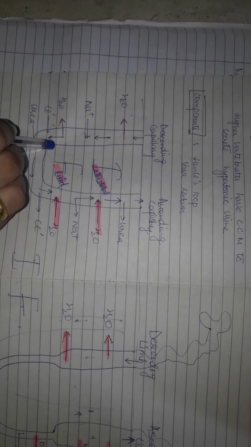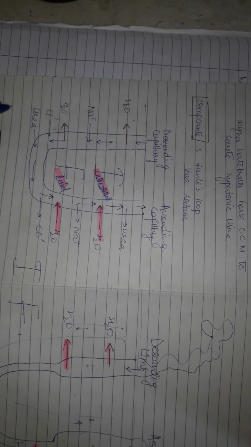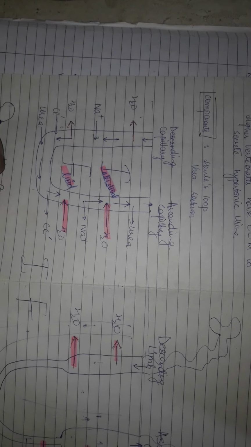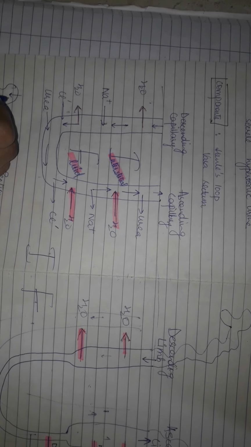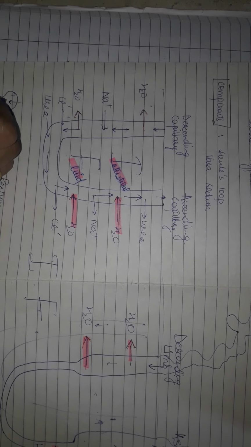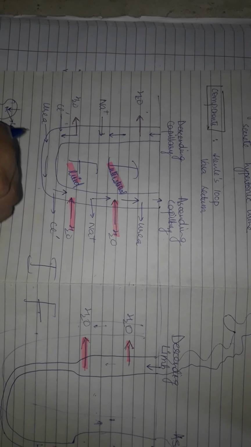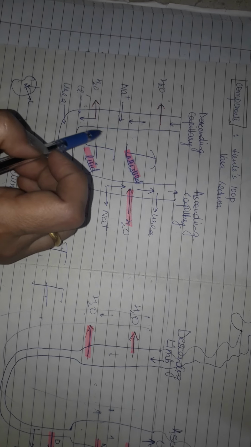As the blood flows in the descending capillary of the vasa recta, if we look at the kidney, the descending capillary is moving towards the medulla region of the kidney, and the ascending capillary is taking the blood towards the cortex region of the kidney.